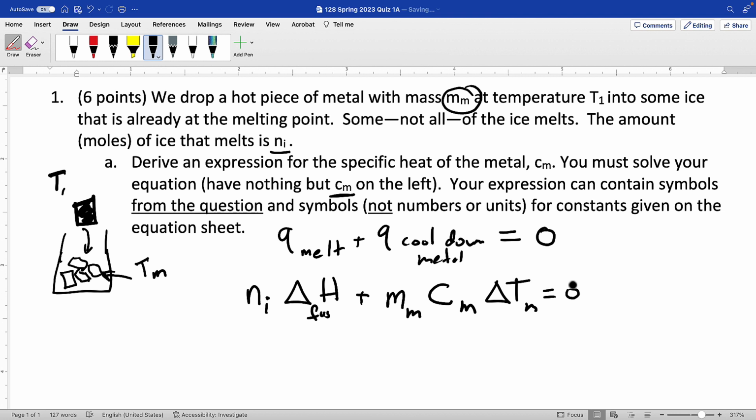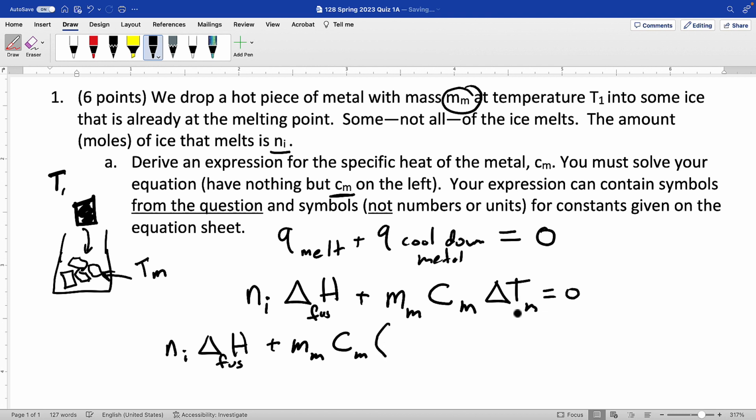And before we solve this, we want to put it all in terms of variables that were given. Delta T is not given, so we need to make that a little more specific. So N ice is given. Delta H of fusion is something we can look up on the equation sheet. The mass of the metal was a given variable. The specific heat is the variable we're looking for, but delta T doesn't match anything, so we've got to fix that.